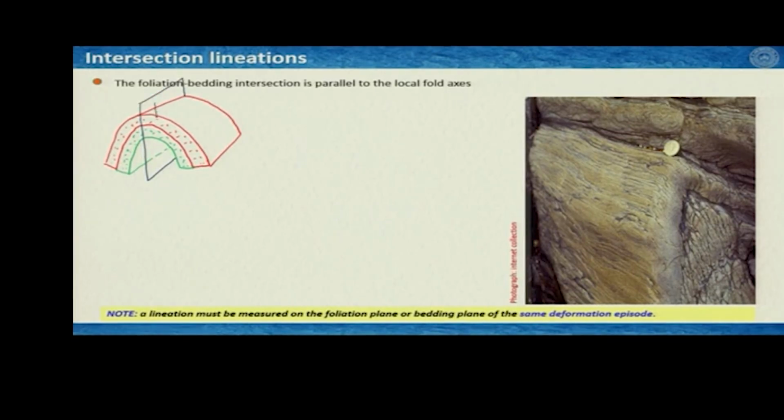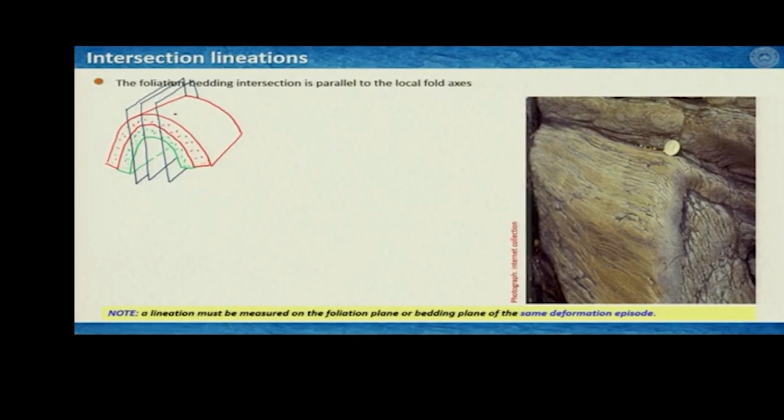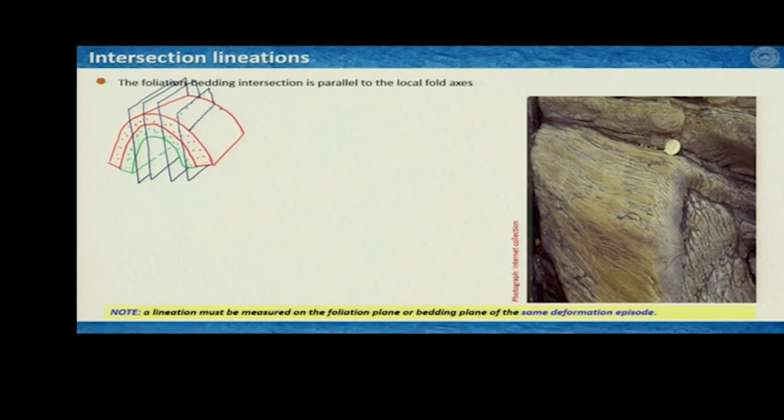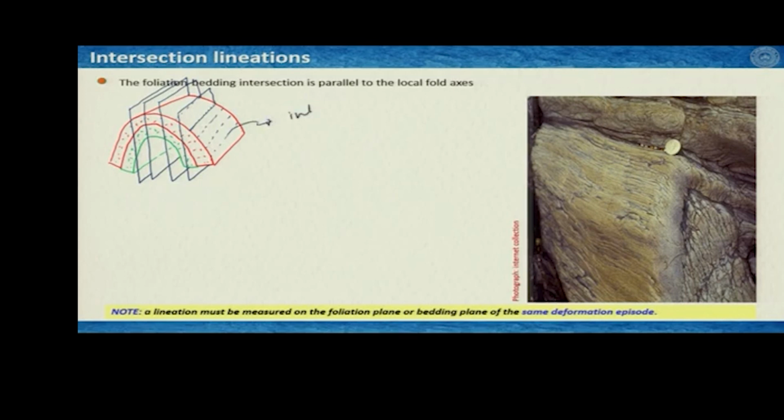And there would be a series of such planes, and so on. These are your axial planes, and these axial planes would cut or touch the bedding planes. So, on the bedding plane there would be a series of traces of these foliations. These are your intersection lineation.